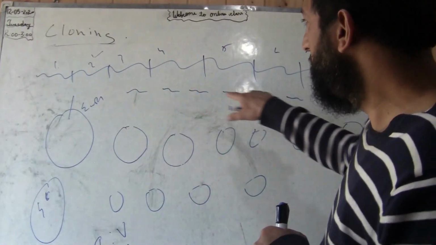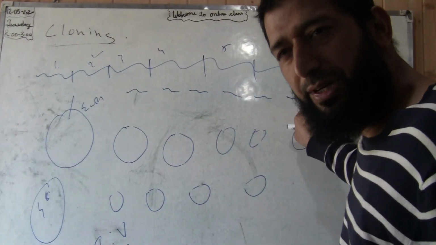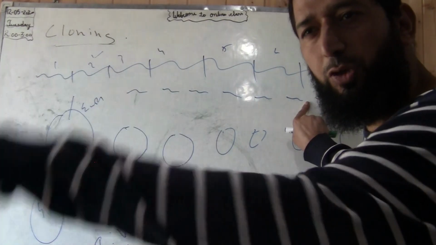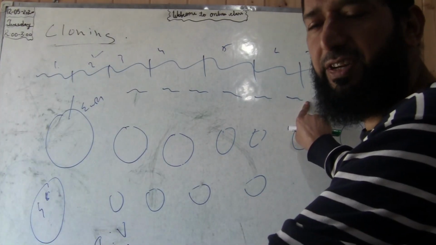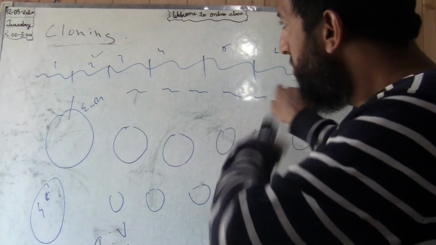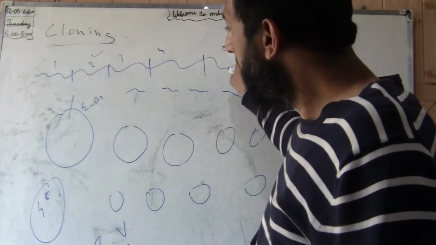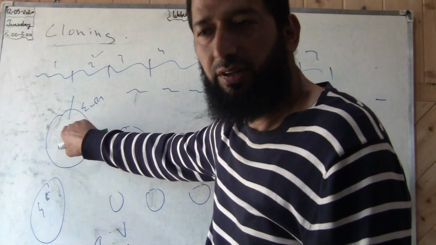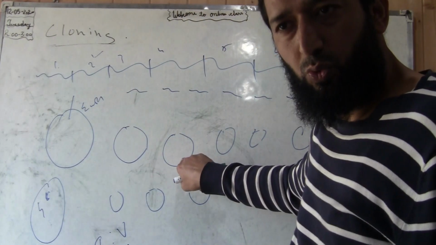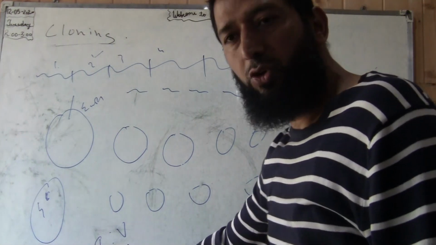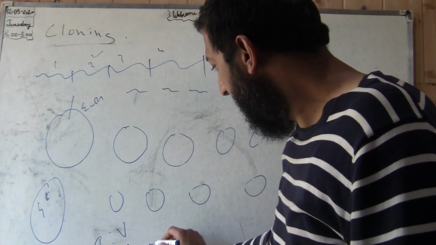So you digest genomic DNA, and this is how we make a genomic DNA library. It's cloning the whole genomic DNA of, say, a bacterial cell or plant cell. So we took the DNA, digested with EcoR1, took the vector, digested with EcoR1, mixed the two in the ratio 2:1. Then we add ligase.